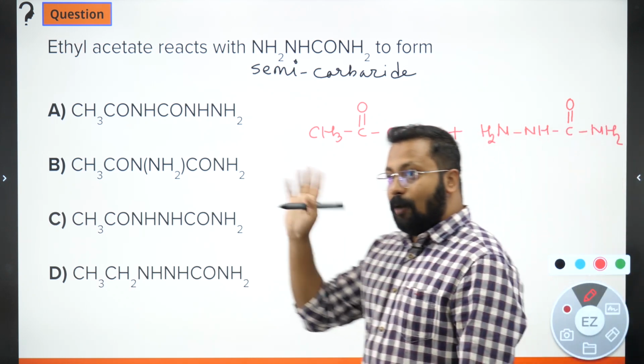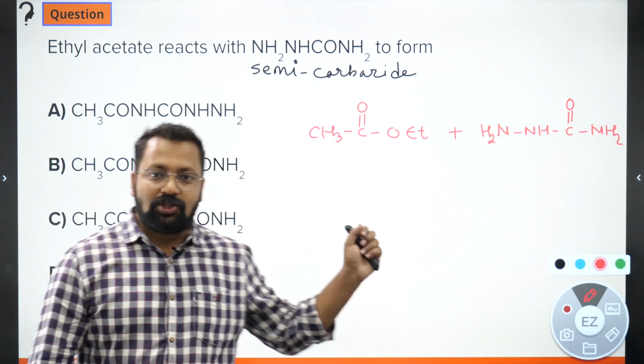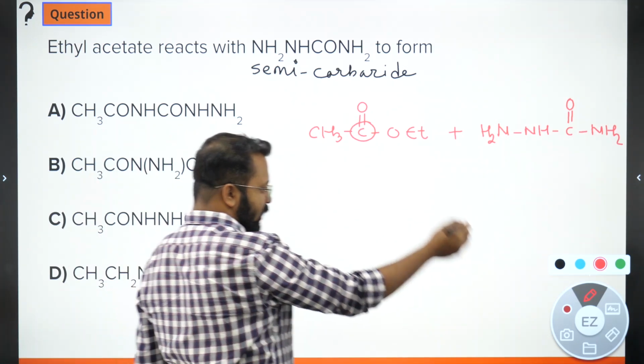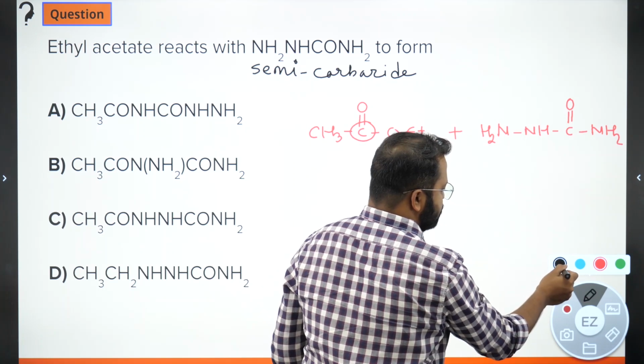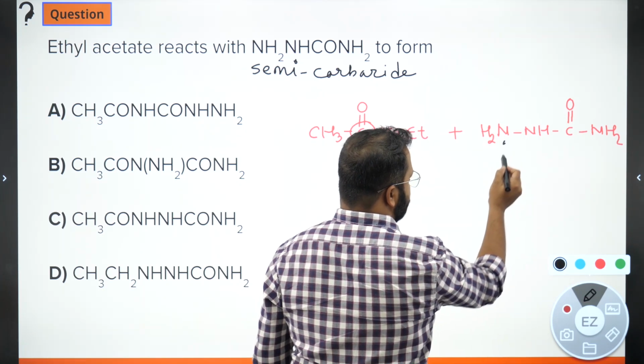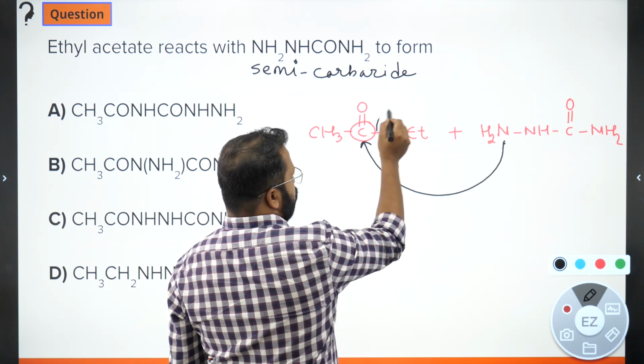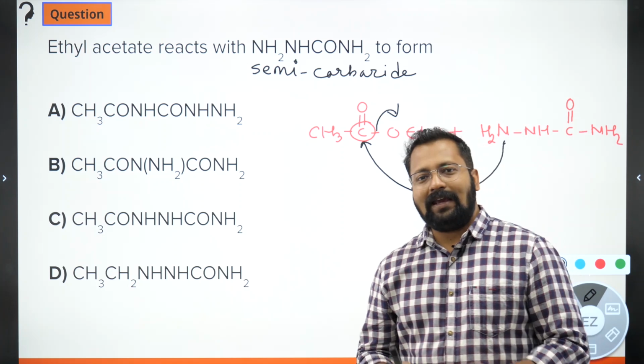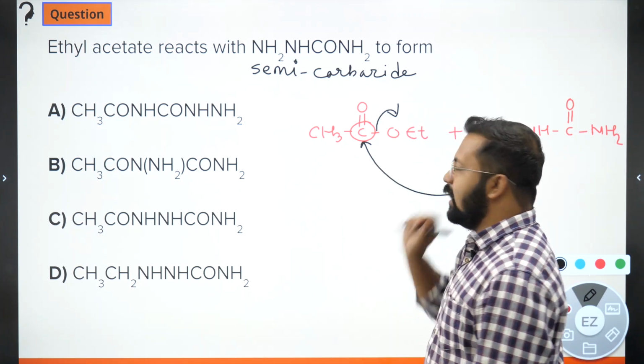Now the problem here is which of the nitrogen atoms will attack at this carbon atom. The reaction happens like this, that one of these nitrogen atoms will attack over here and this will go out. Okay, this is known as nucleophilic substitution at acyl carbon.